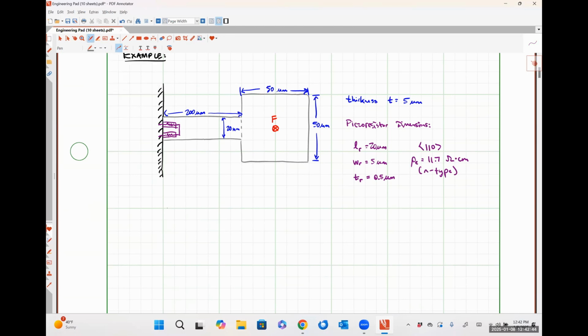So whenever we have a cantilever beam, and this is a kind of side view, we learned that here's our neutral line, like so, right?